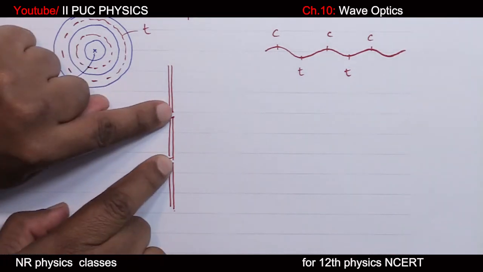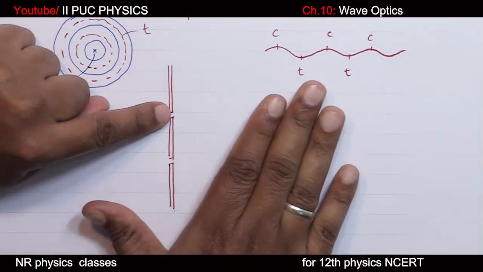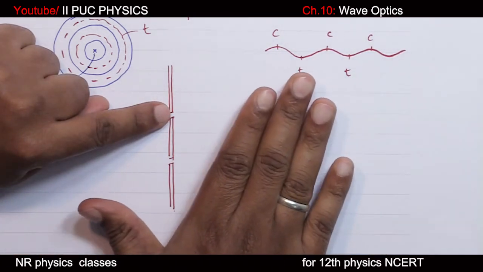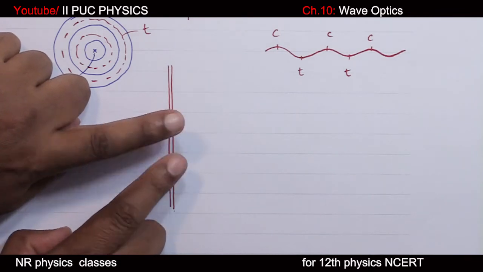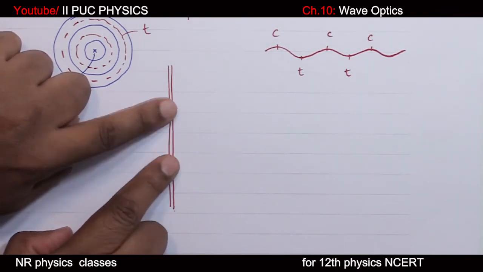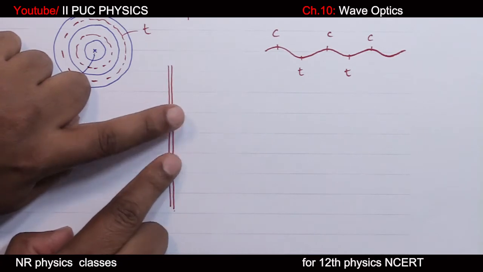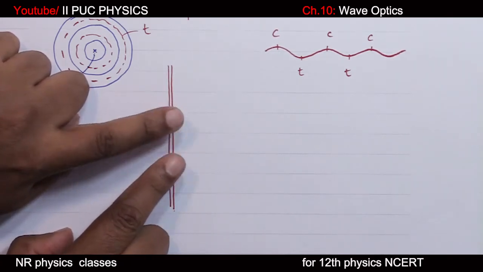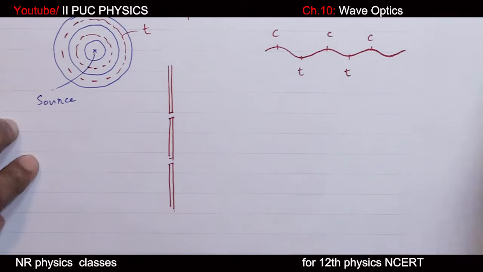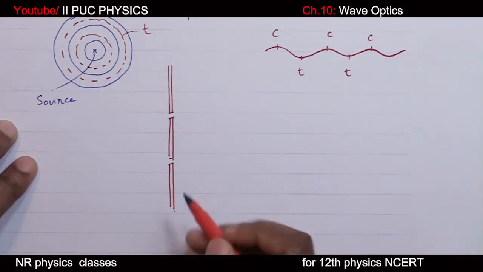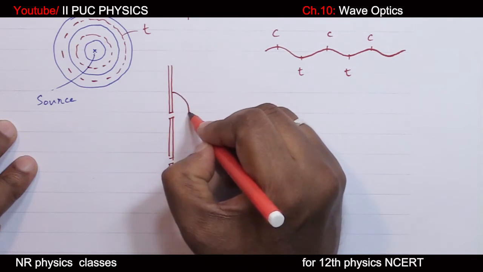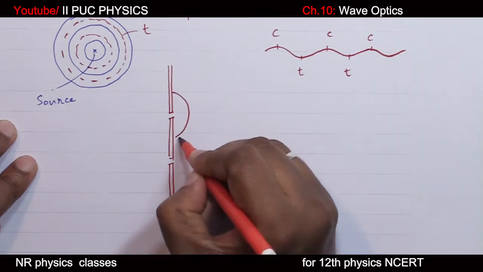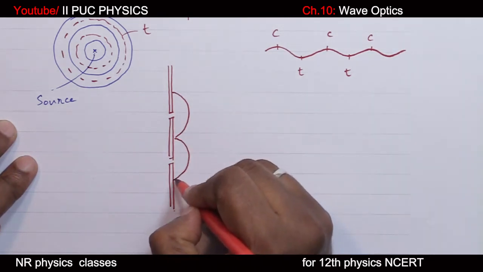At these two points, if this is the surface of water, I tap the surface of water at these two points like this, if I keep tapping the surface of water at regular intervals, then ripples are produced. So they look like this: ripple, crest points. This is the crest points. Similarly, from this, the crest points.